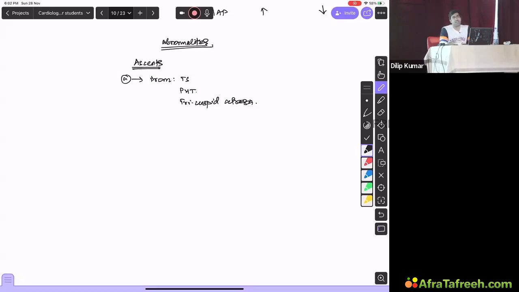Second area where you can see this is probably another congenital heart disease: pulmonary stenosis with intact septum, or pulmonary atresia with intact septum.